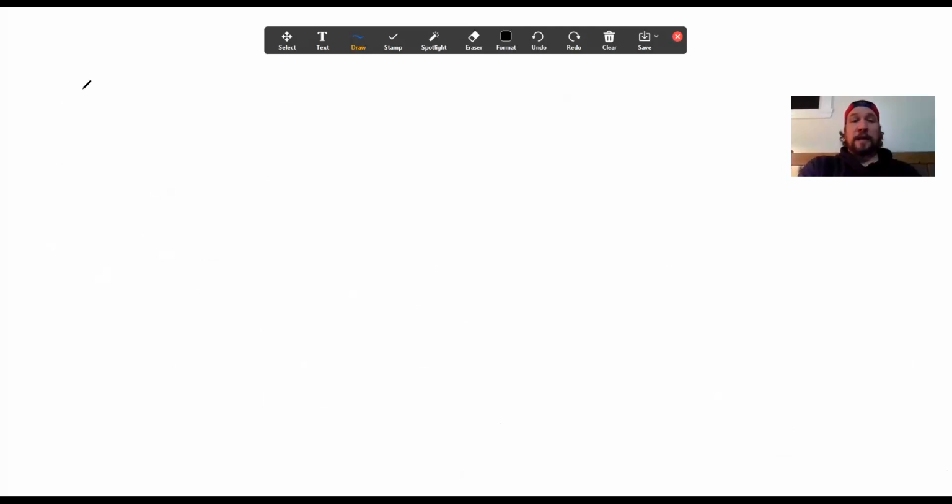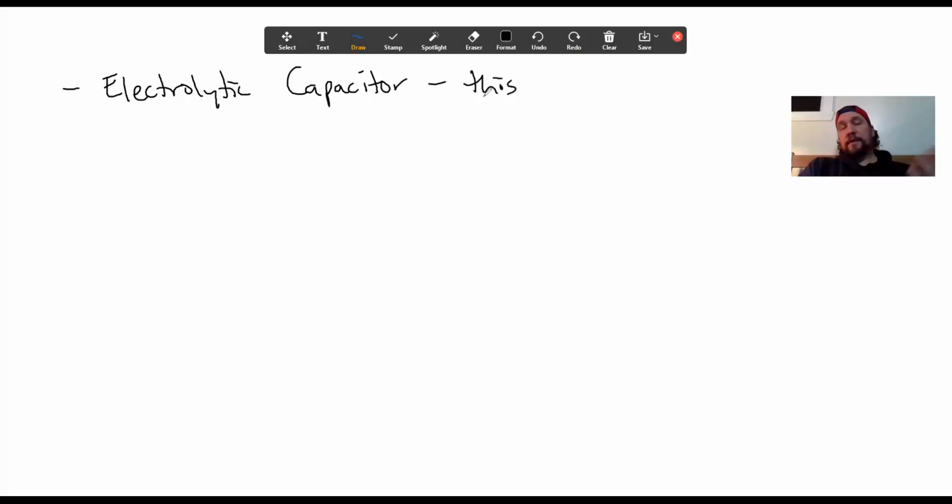And the last one, sorry, the fourth one, is called an electrolytic capacitor. It uses an electrolyte essentially and some other things.